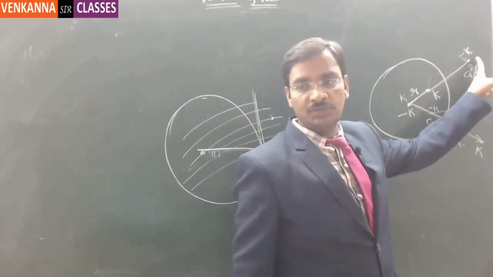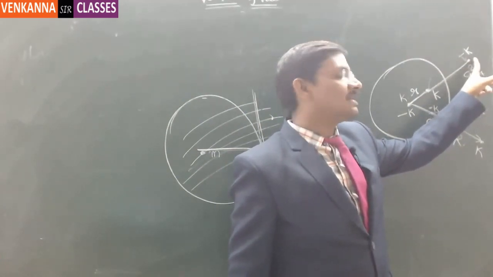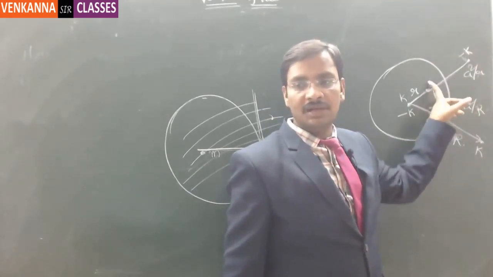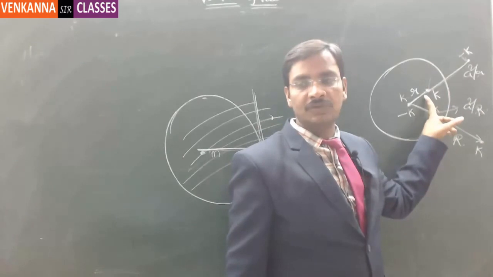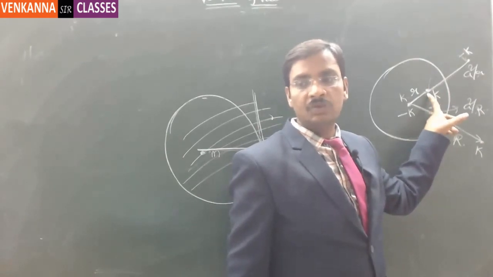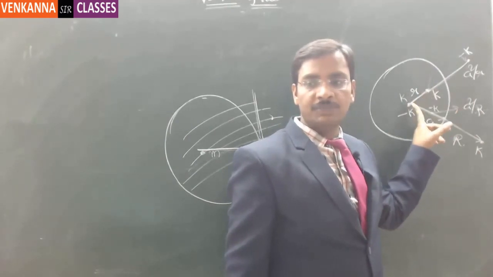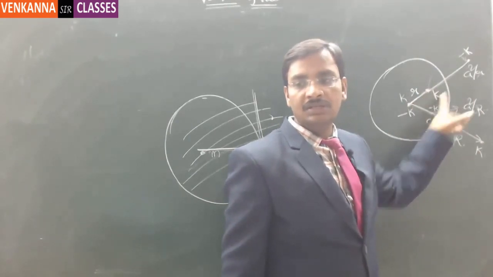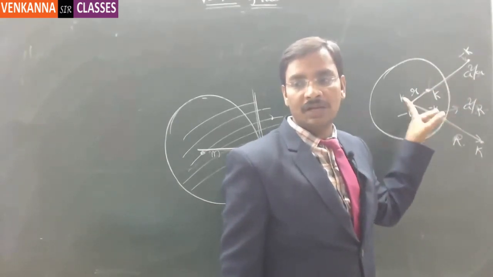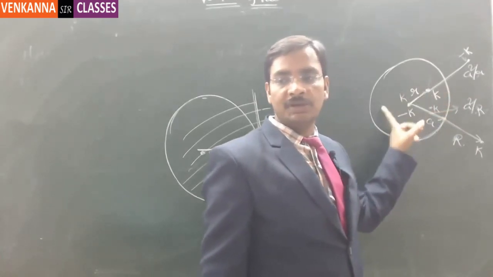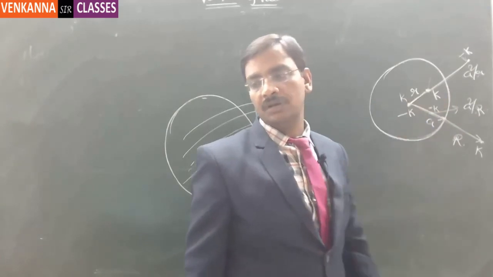It is of magnitude minus k, located at a distance of a square by r, where a is the radius of the cylinder and r is the location of the first vortex. And then you have to introduce one more vortex, opposite to this one, at the center. Only these three together will make our analysis accurate, which will make the streamlines pass tangential to this circular cylinder. Got it or not?